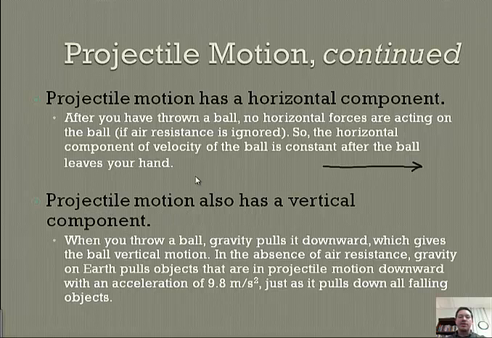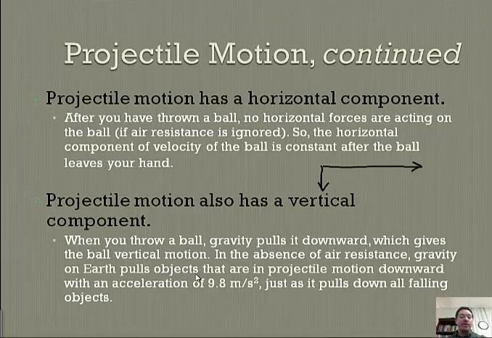Projectile motion also has a vertical component, which is going to be straight down as well. So when we throw the ball, gravity is going to pull it towards the Earth. It's going to pull it downward, which then gives the ball vertical motion. So again, in the absence of air resistance, gravity on Earth pulls objects that are in projectile motion downward.